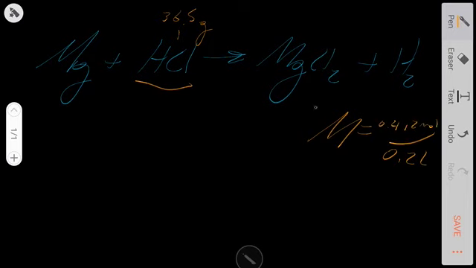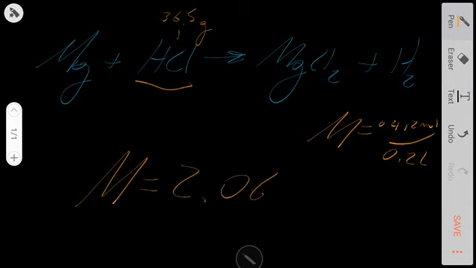So now I can calculate my molarity. Molarity is equal to 0.412 divided by 0.2, which should give you a molarity of 2.06.